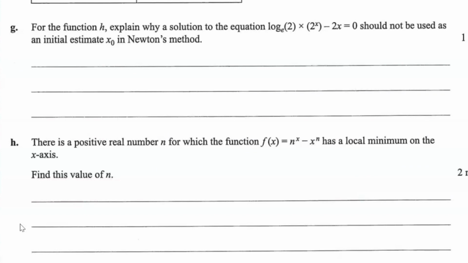For the function h, explain why a solution to the equation should not be used as an initial estimate of 0.